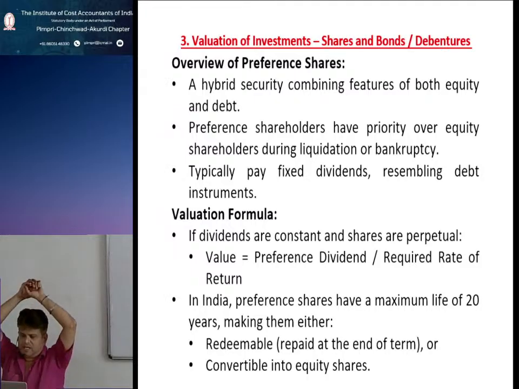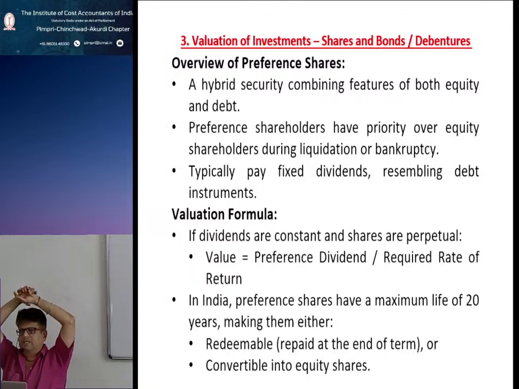Now let's understand preference shares, an overview of preference shares. Preference shares are a hybrid security combining features of both equity and debt. Preference shareholders have priority over equity shareholders during liquidation or bankruptcy. They typically pay fixed dividends resembling debt instruments.